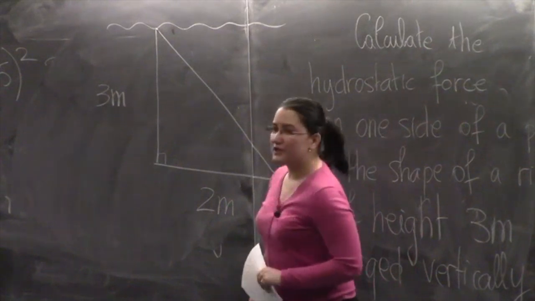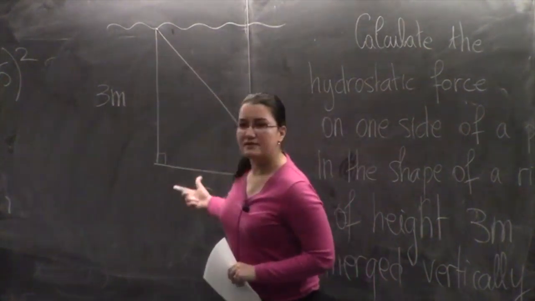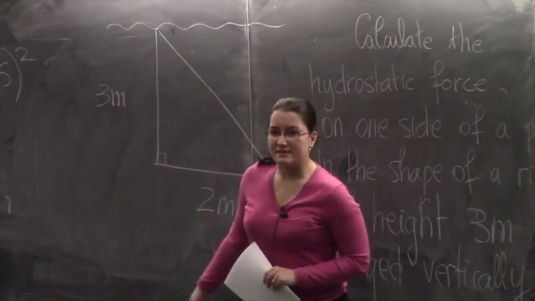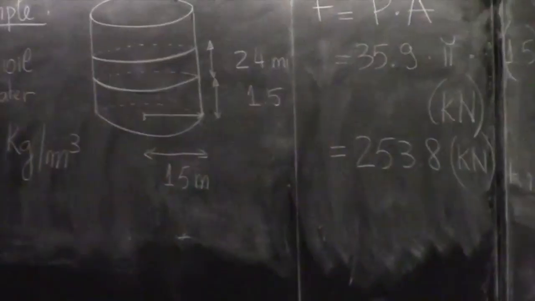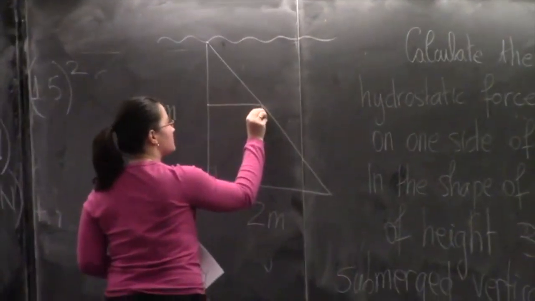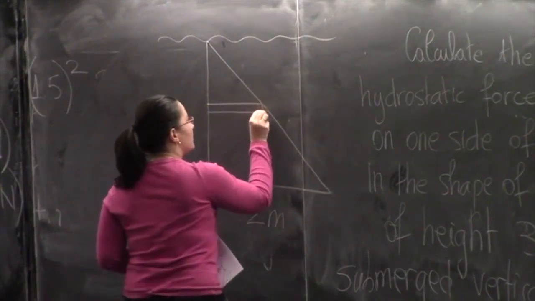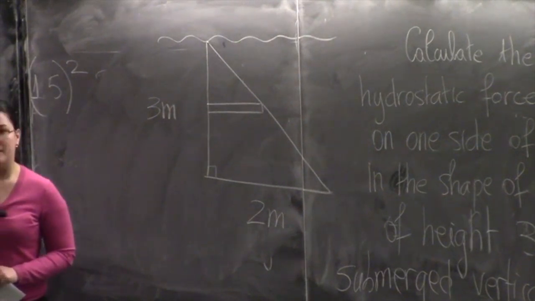So the idea over here would be just kind of try to divide the object in question into smaller objects that sit at the same level. So the idea would be to consider, instead of the total hydrostatic force, just the hydrostatic force on some thin horizontal strip of the object.